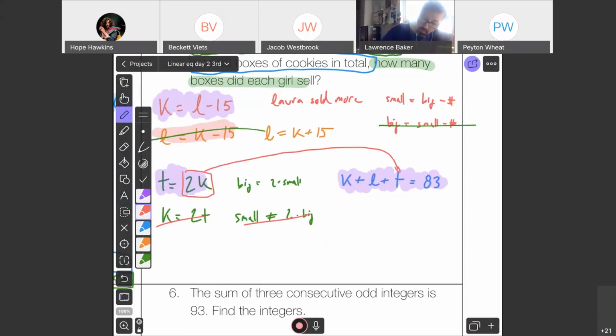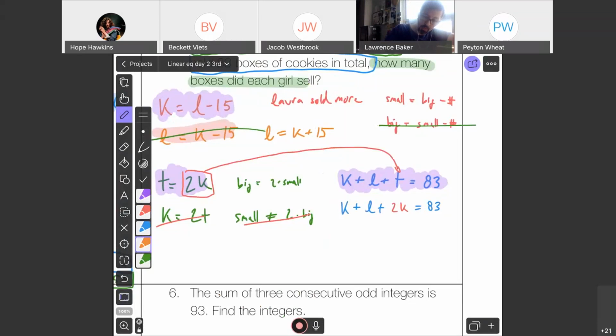So now I have K plus L plus, oops, I wrote plus twice, plus 2K equals 83. I got it right, Nate. Okay, so now I'm down to 2 variables, just K's and L's. So I'm getting better. I had 3, now I have 2. That's better.